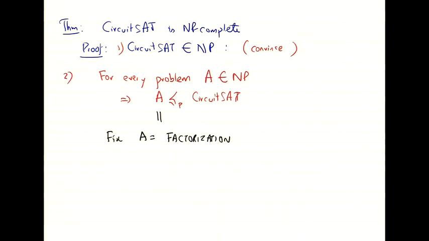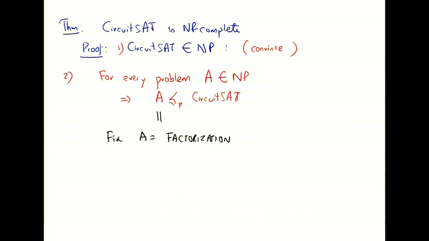Circuit SAT was this problem where the input is a circuit and you want to find an assignment that makes the output be 1. And we proved that this is NP complete, and in this proof I wanted to reduce any problem in NP into circuit SAT. And so that's what I tried to do. I tried to reduce any problem in NP to circuit SAT.